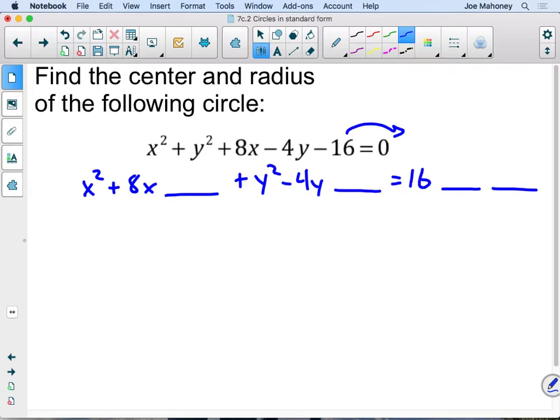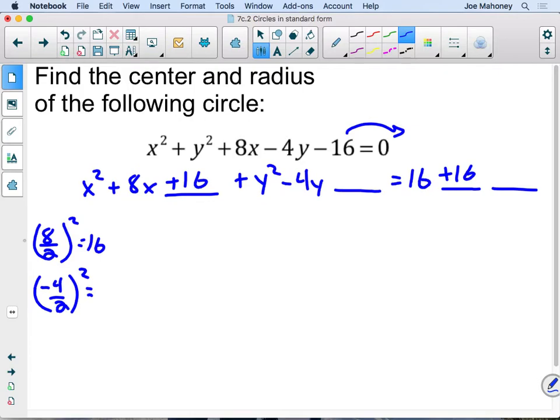Okay, let's figure out what goes in each of those blank spaces. Let's complete the square. 8 divided by 2 is 4. Squared is 16. Put it there. Put it there. -4 divided by 2 squared is positive 4. Put a plus 4 there. Put a plus 4 there. On the right side, I got 36.